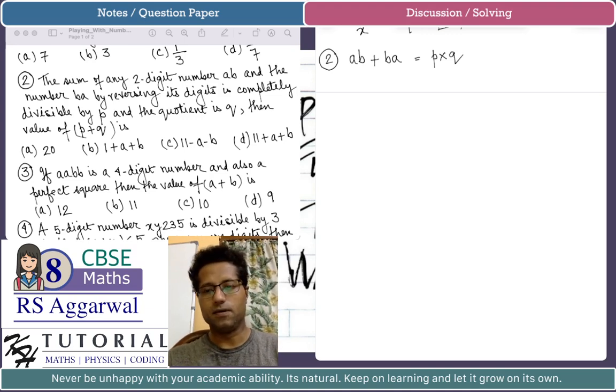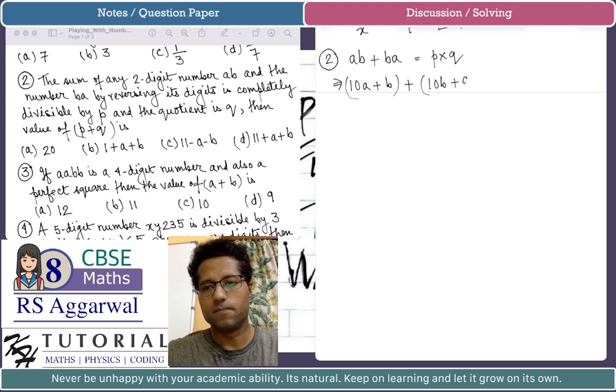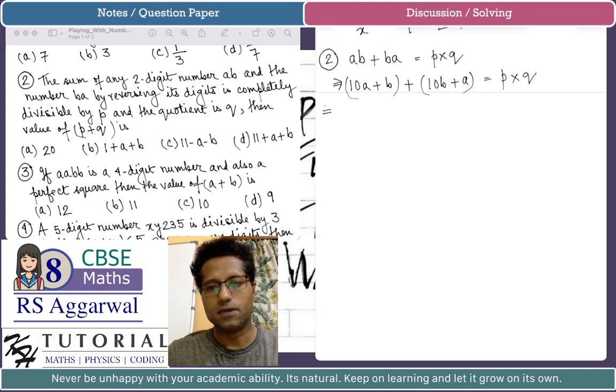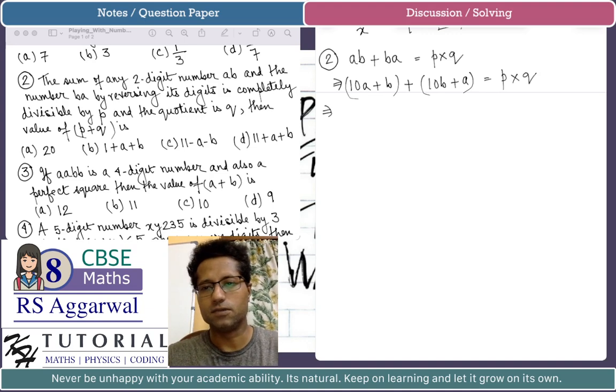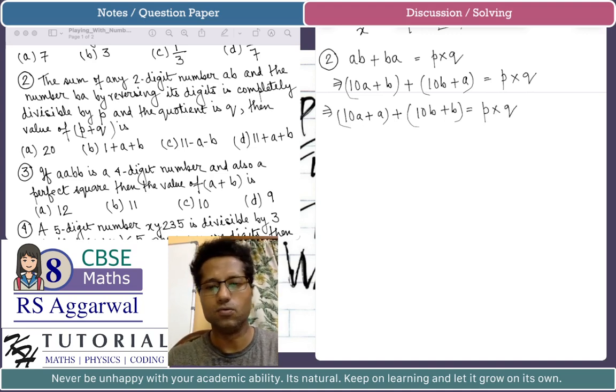Now AB plus BA, using the generalized form of two-digit numbers: AB is 10 into A plus B, and BA is 10 into B plus A, equal to P into Q. If I add the A terms and the B terms, I get 10A plus A, and 10B plus B, is equal to P multiplied by Q, for some P and Q we don't know yet.